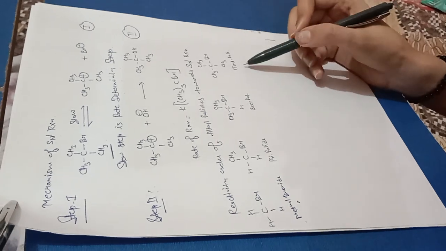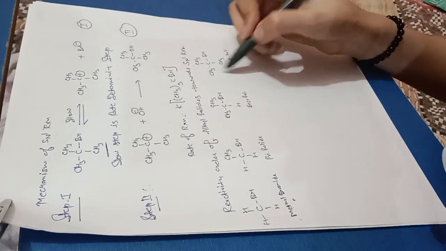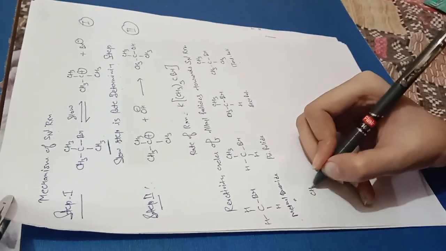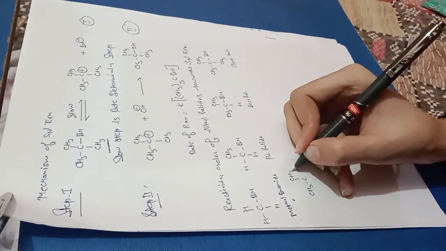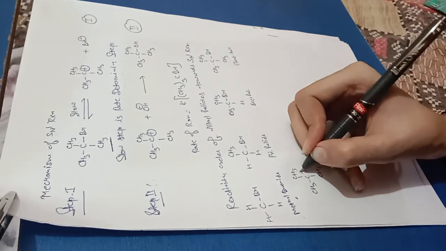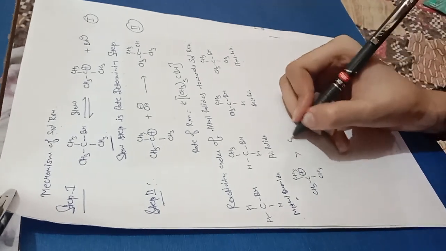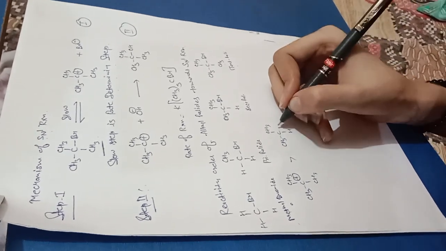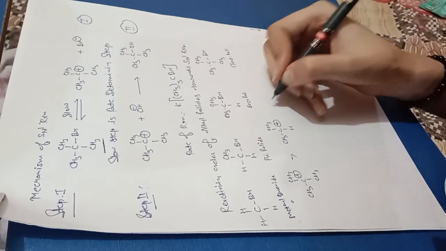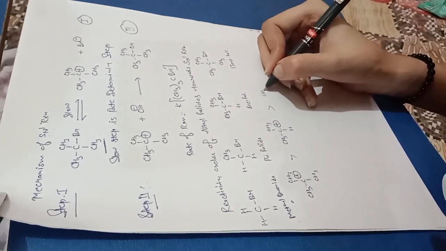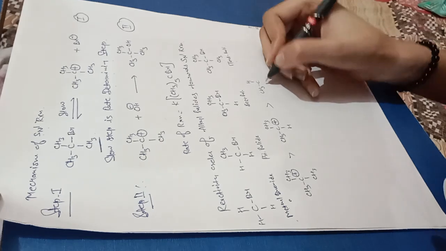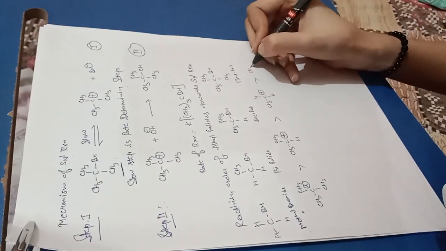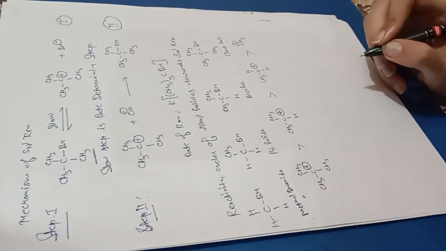Out of these, the tertiary carbocation is more stable. As we know, the tertiary carbocation is more stable than secondary, then primary, and then the simple methyl carbocation.